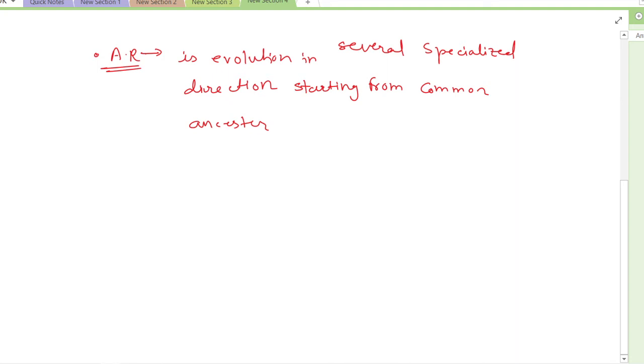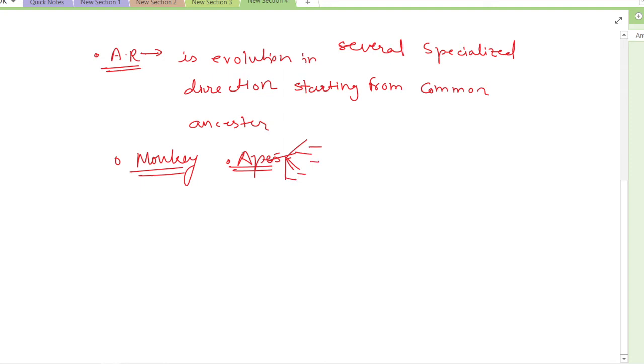In other words, organisms of the same group or closely related groups exhibit greater divergence in their morphology when they are found in different habitats. For example, you can consider monkeys, apes. You see, there are various types of apes which have evolved. So that is how we say adaptive radiation.